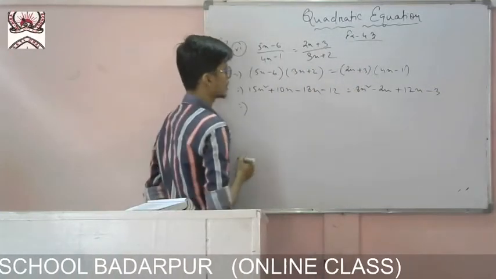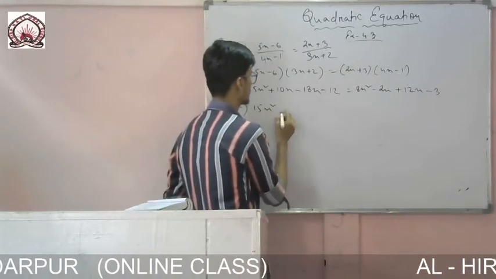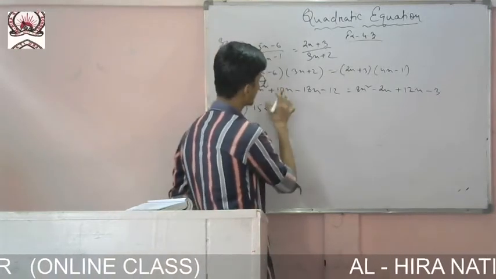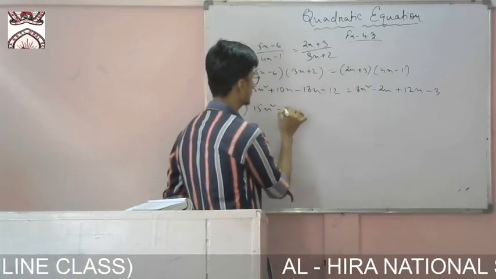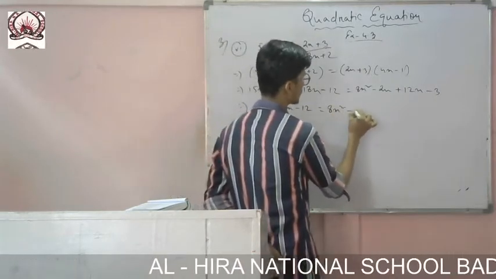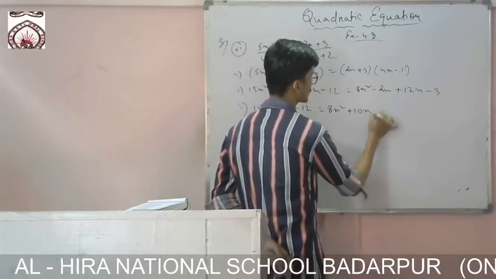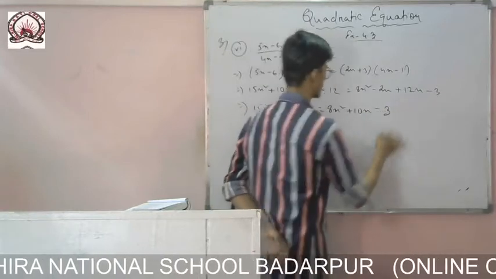If I go on solving, plus minus is minus, so it will be minus 8x minus 12 equals to 8x square minus 2x plus 12x, so it will be 10x minus 3.